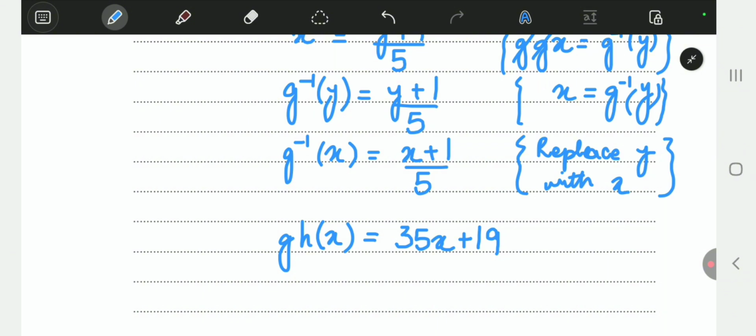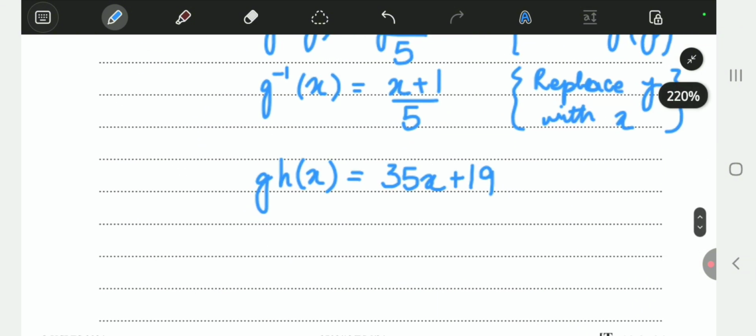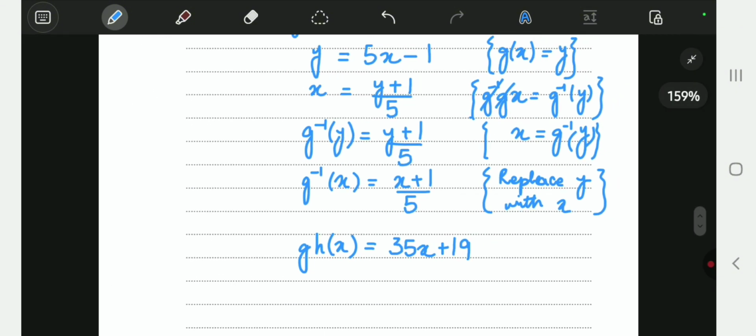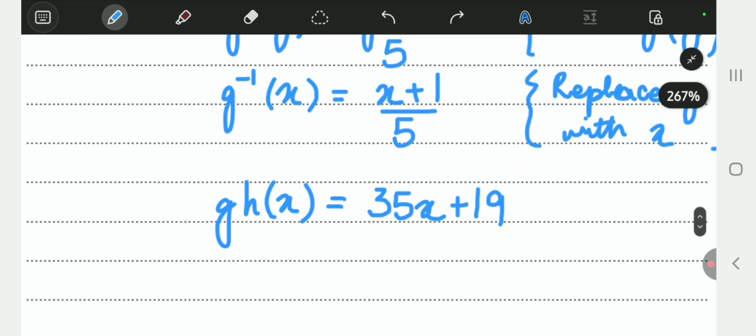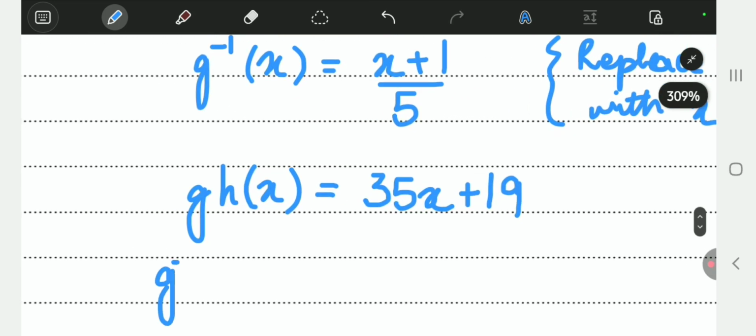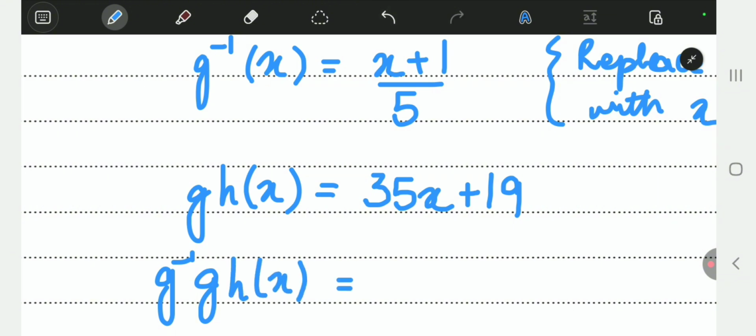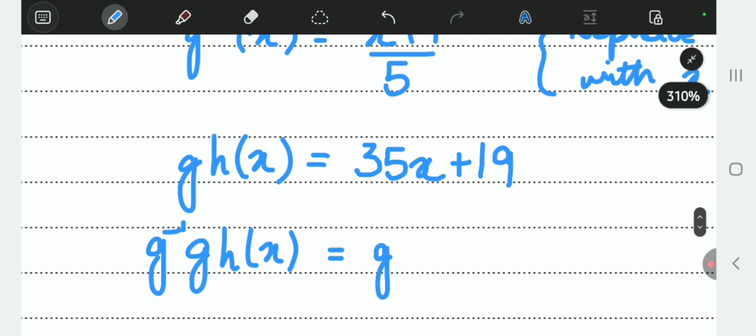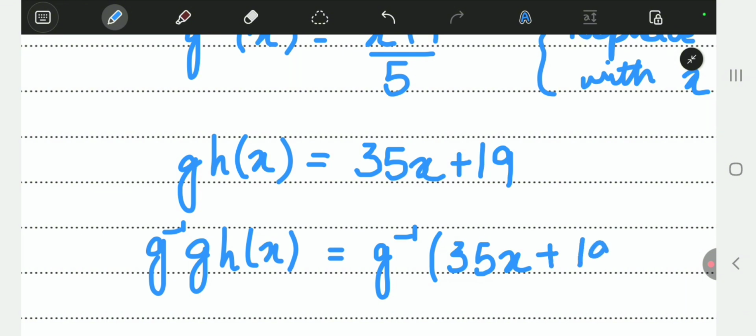Do the same thing that we have done here, as g and g inverse are opposite operations, so multiplying this whole equation by g inverse: g inverse of g and h of x equals g inverse of 35x plus 19.